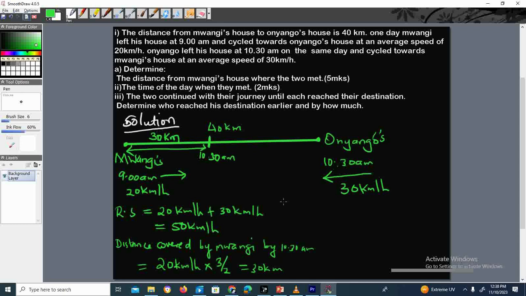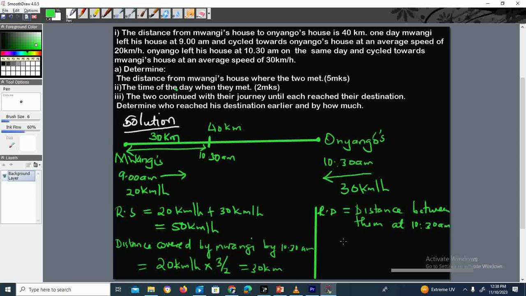So now the relative distance between them. Relative distance is going to be the distance between them at 10:30, the time Onyango was starting.